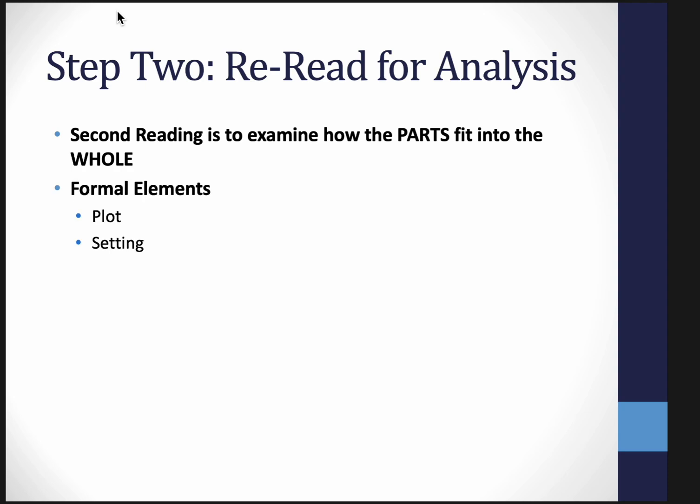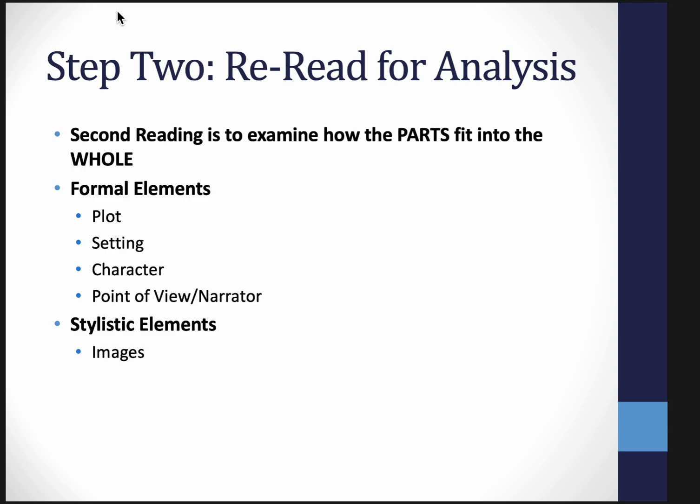So again, for a story, we're looking at those formal elements like plot, setting, character, point of view, and now maybe we're also layering in the stylistic elements: imagery, symbolism, figurative language. By looking through more carefully for those parts, we can start to see how the text works as a system.